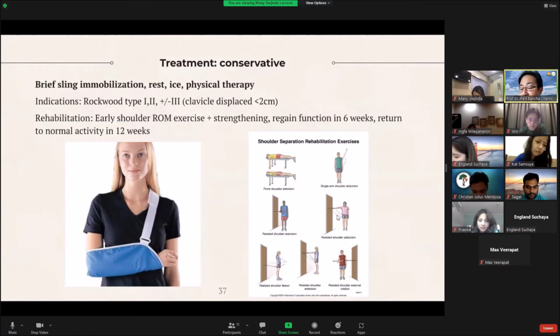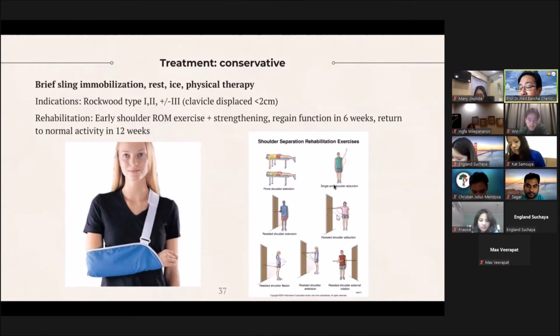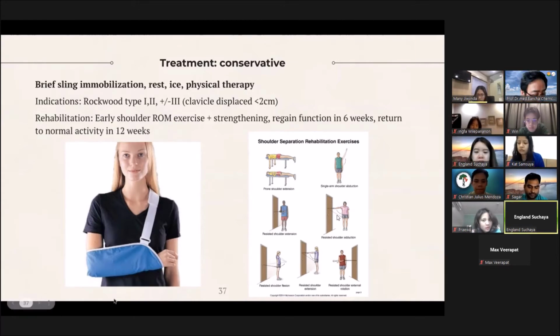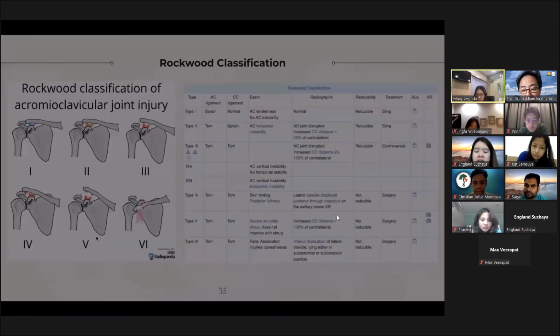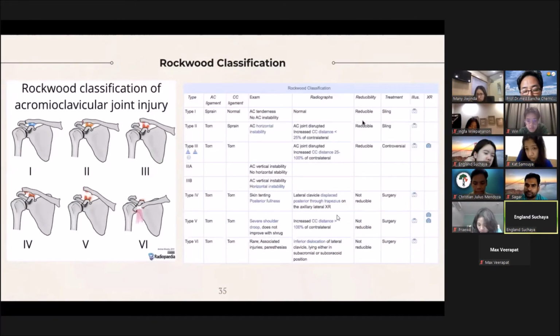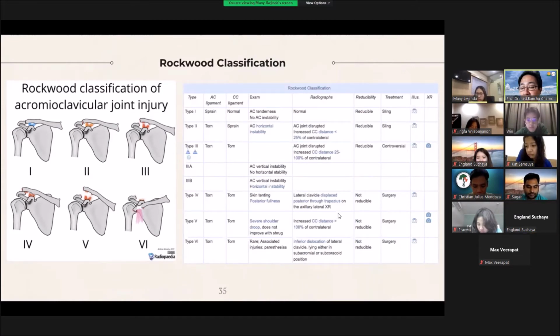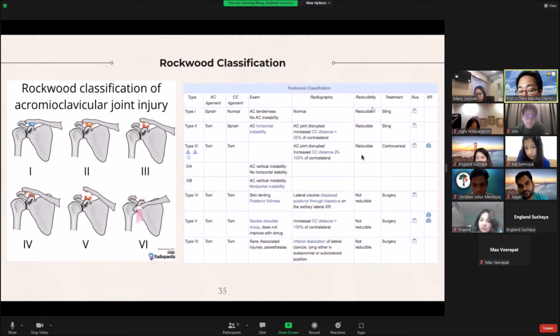I was looking at the last slide. I know, and then I don't know how it's reduced. I don't know what way. Yeah, I think you see that in the conservative treatment, it's just a sling, you see? Just a sling.